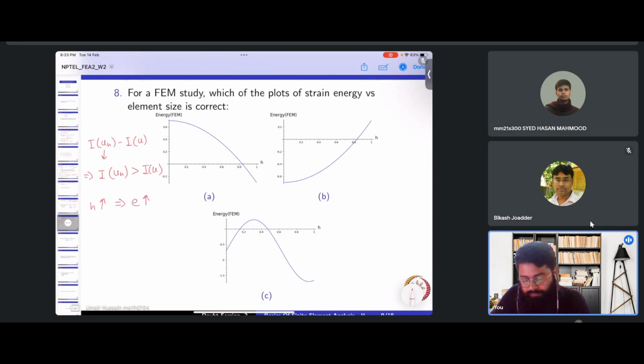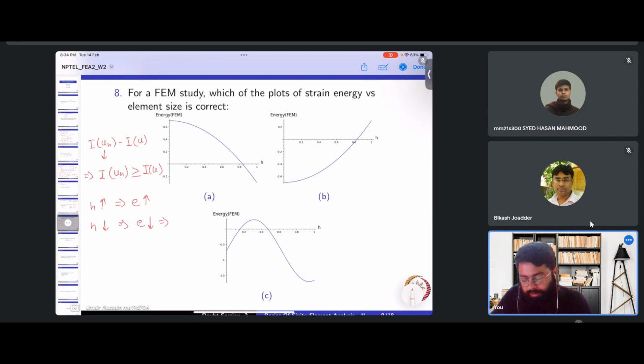Yes, going away from convergence. Or we can say as H reduces, error reduces. And if error is reducing, then this full statement is actually I(uh) is greater than or equal to I(u).